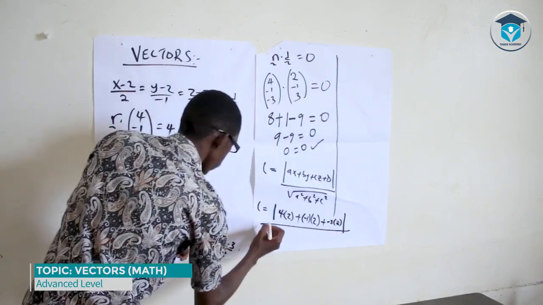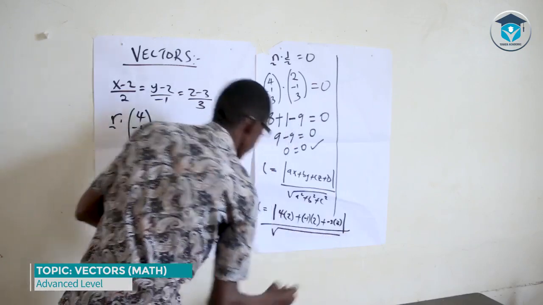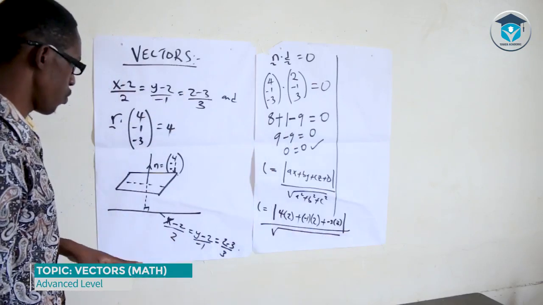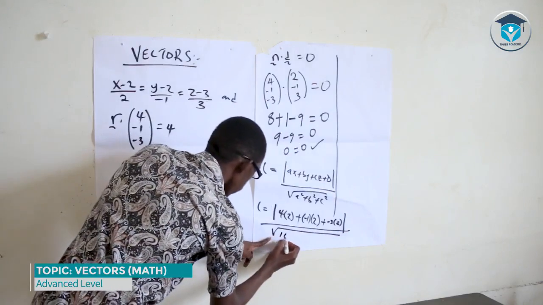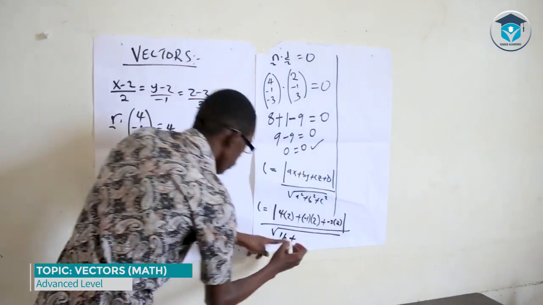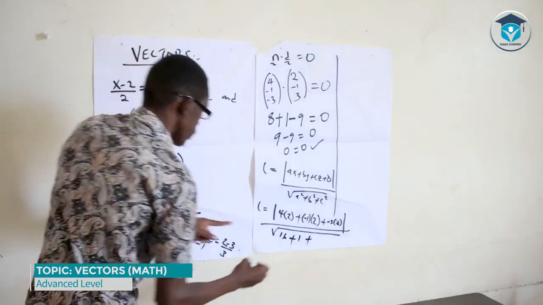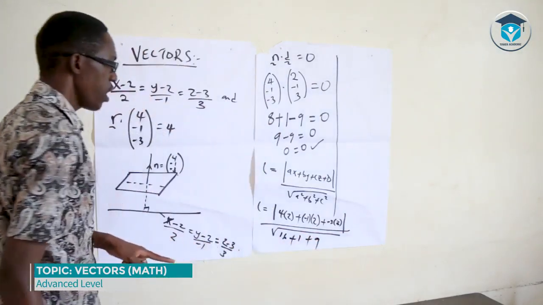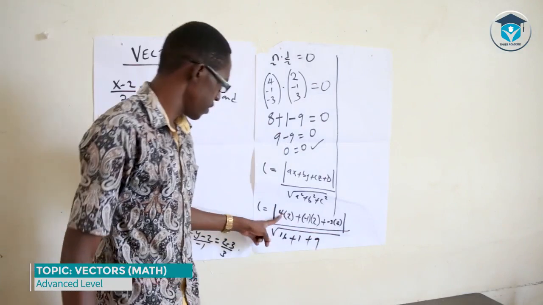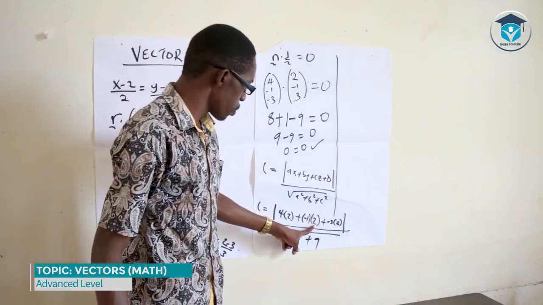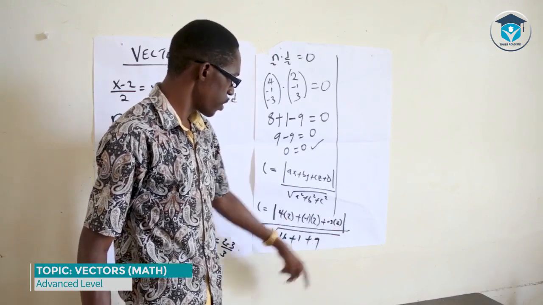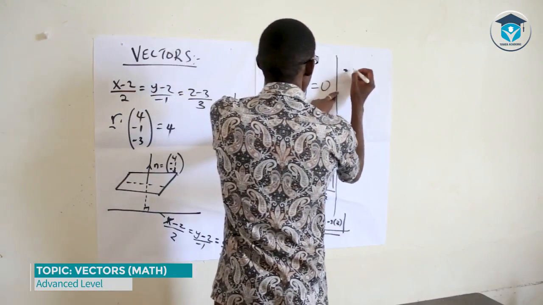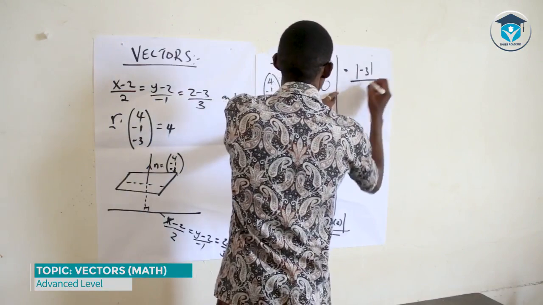But remember, everything is over the square root of A squared, which is 4 squared, that is 16, plus 1 squared, which is 1, plus 3 squared, which is 9. Then we start. That is 8. 8 minus 2, that is 6. 6 minus 9, that is negative 3. But remember, it is under magnitude.